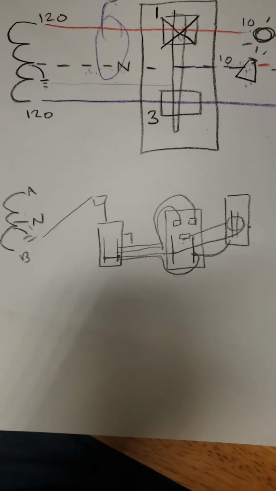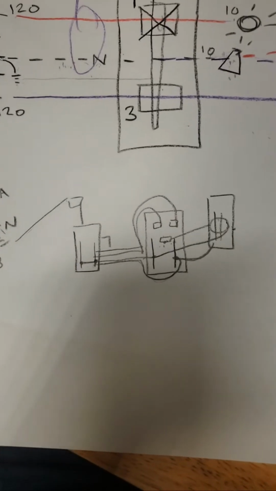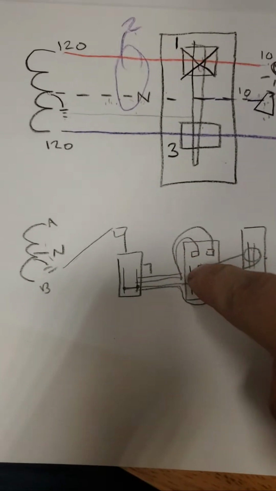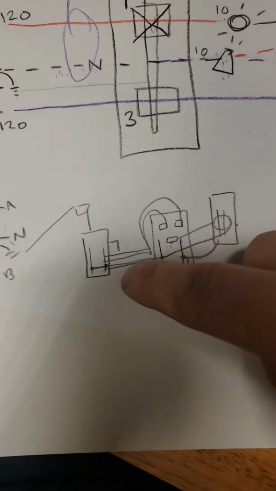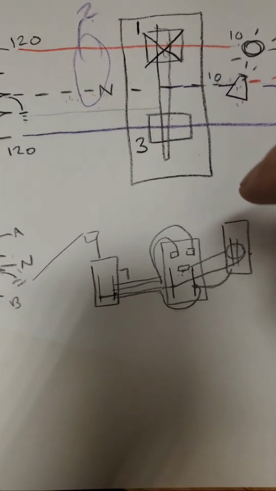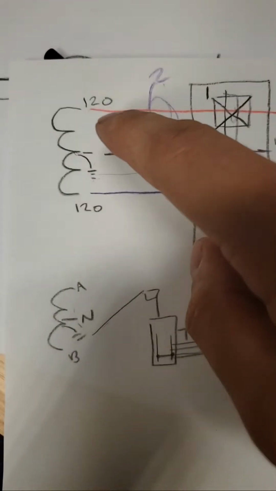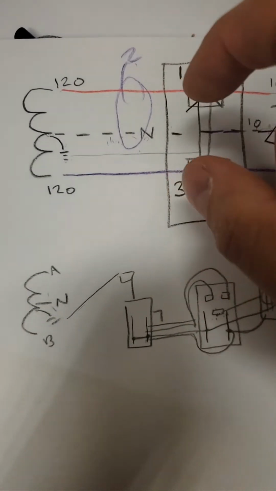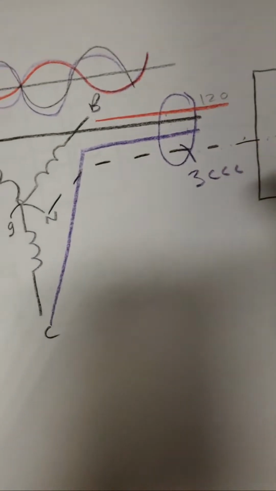How are you going to clear a ground fault? And he looked at me for a second and he thought, and he was like, oh yeah, I need the neutral. Because you can't get current back to the source from the ground unless you got a neutral to flow back through the windings. So you don't need neutral for three-phase loads, but you do need neutrals for in-phase circuits, but not three-phase loads. That's a single-phase load.